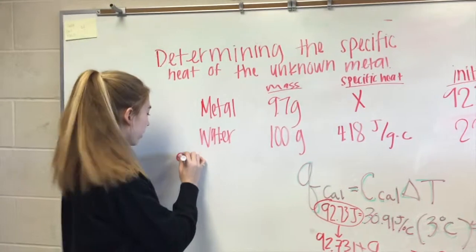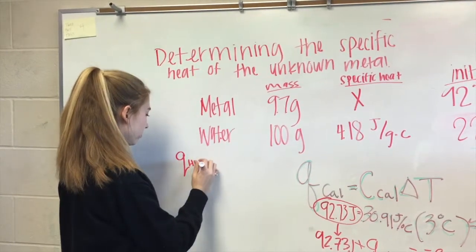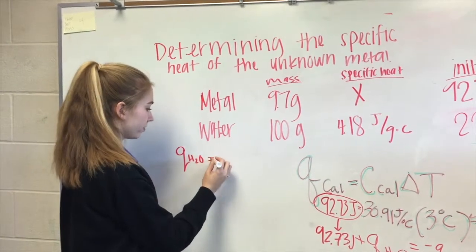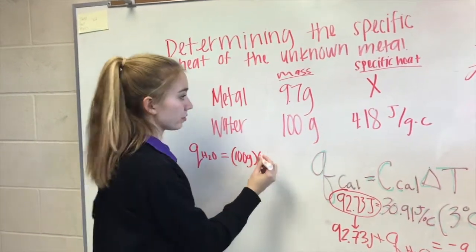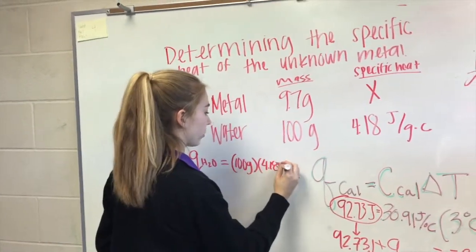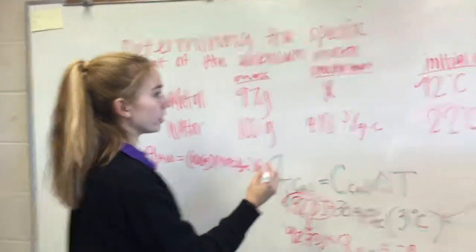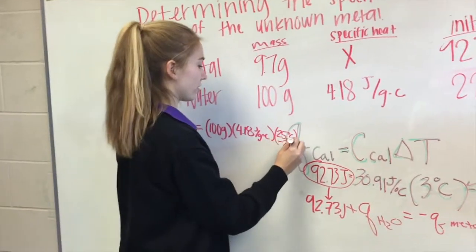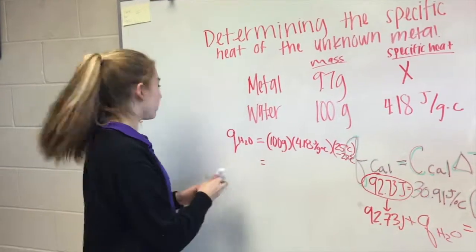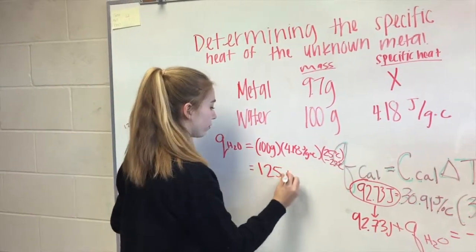The Q of the H2O is equal to MC delta T, which is equal to 100 grams times 4.18 joules per gram degree Celsius times 25 degrees Celsius minus 22 degrees Celsius. This value of Q of H2O is equal to 1,254 joules.